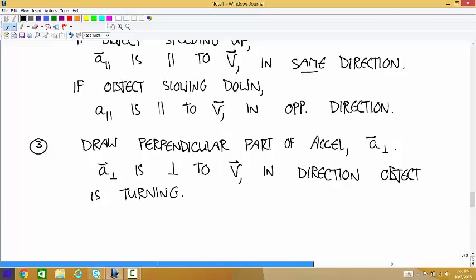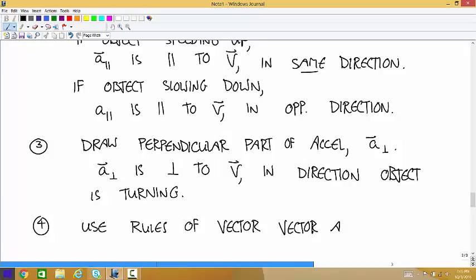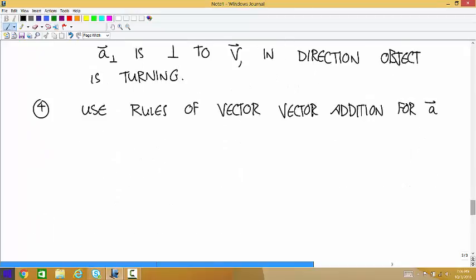And then the last step is use the rules of vector addition for the total acceleration vector, so the total acceleration vector is equal to the parallel part plus the perpendicular part. I'll do two examples of how this works.